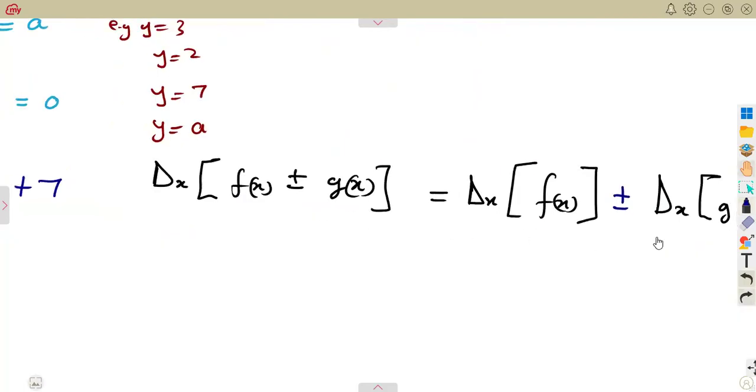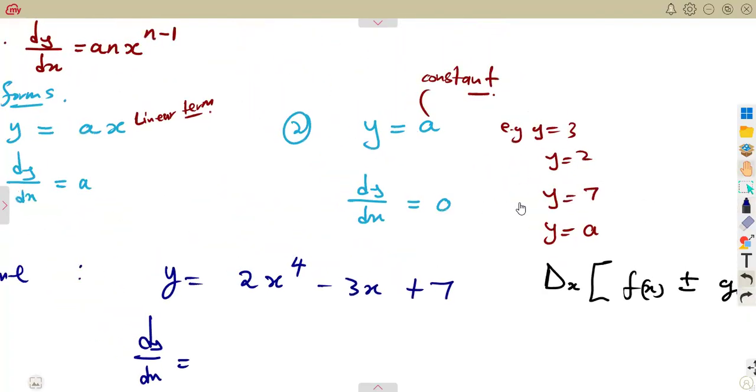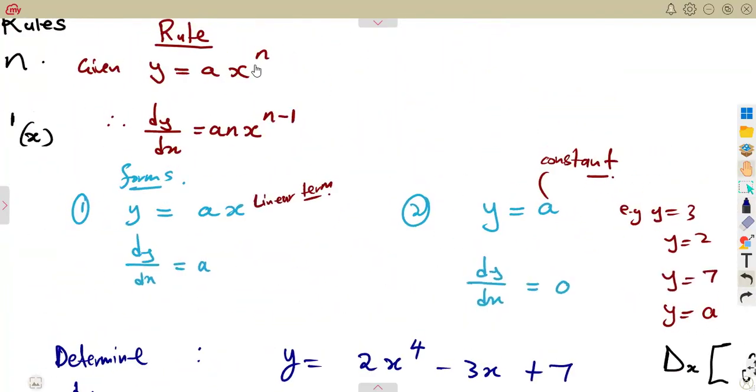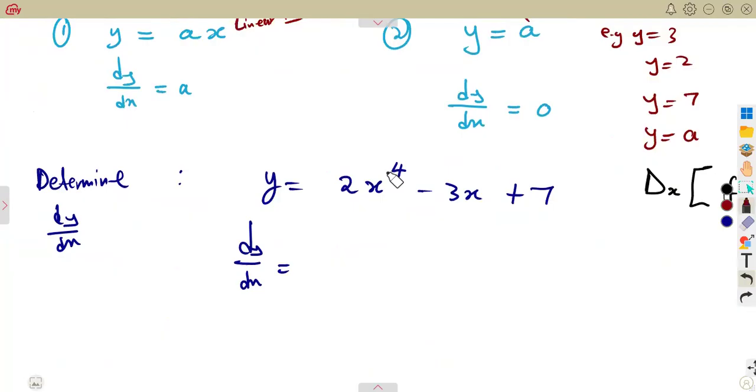So in actual sense, it means we're supposed to do it this way. To find the derivative of y with respect to x, you differentiate this with respect to x. Remember, we're going to use our basic rule. Whenever you've got an exponent, drop the exponent, subtract 1. So in this case, you drop this exponent, then subtract 1. So that's 4 times 2, which is 8, x to the exponent 4 minus 1, which is 3.